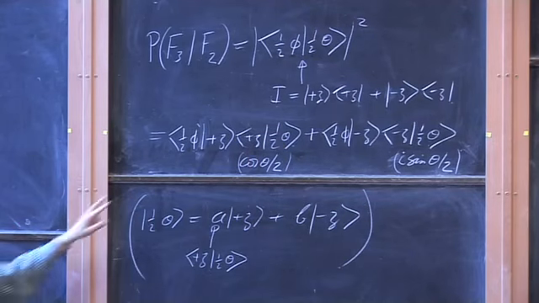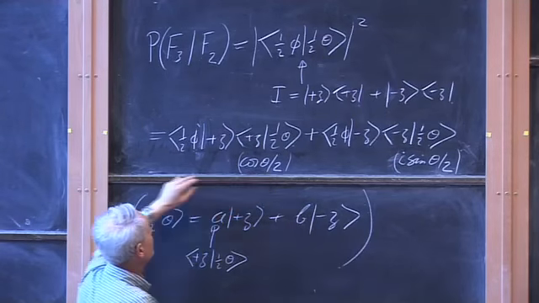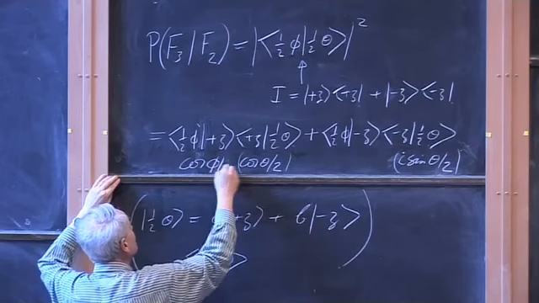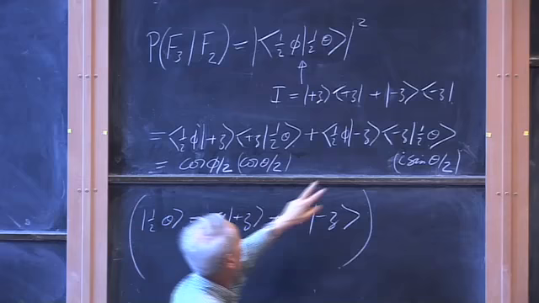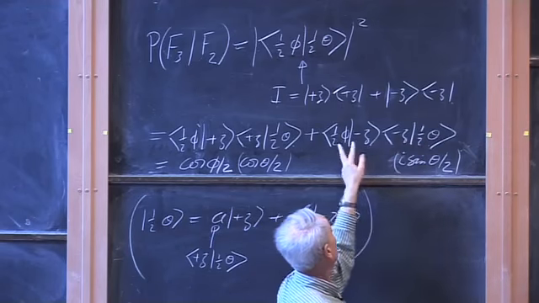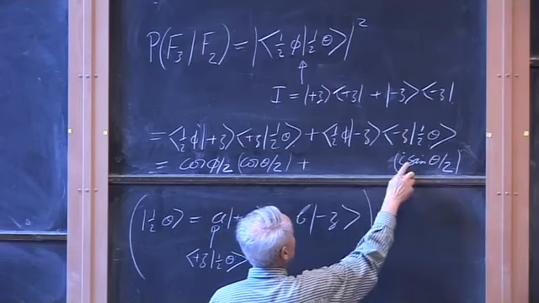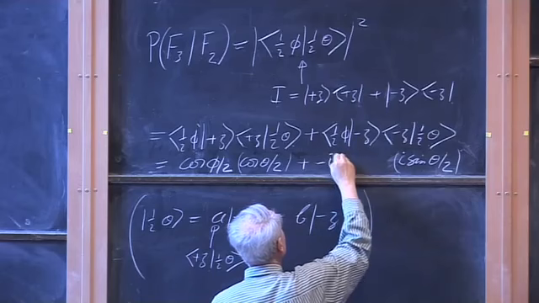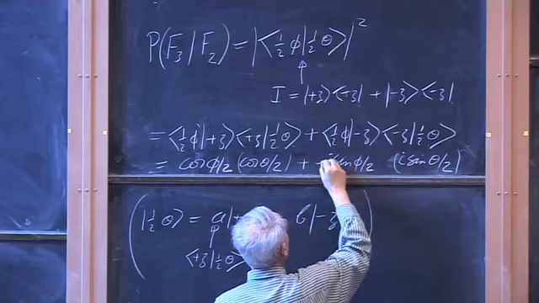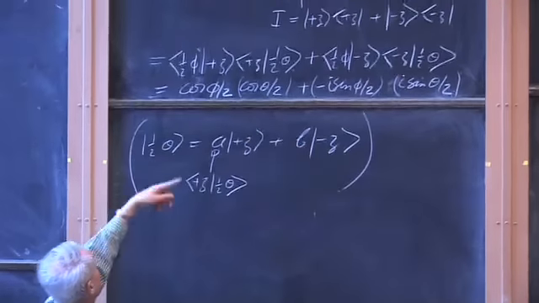So we know that this will be the complex conjugate of this with theta replaced by phi. This is in fact real, so this is going to be cos phi over 2. Similarly, the complex conjugate of this is the same as that with theta replaced by phi. So I now have to write down the complex conjugate of that, which is minus i sine phi over 2. So that's what that comes to.